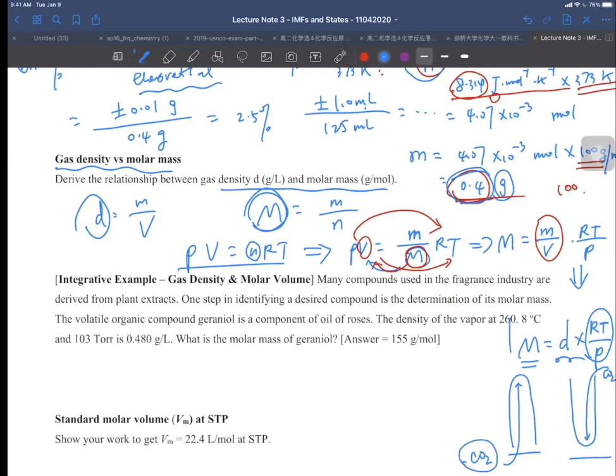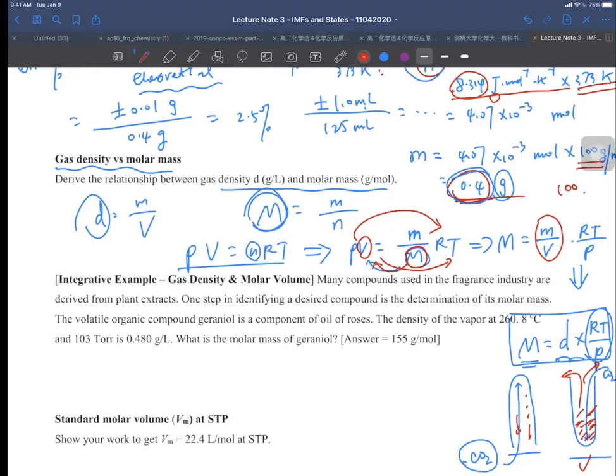Based on this equation, we can conclude carbon dioxide has a higher density, which means the right method is better because the carbon dioxide will prefer to sink to the bottom and squeeze the air out. If you do it this way, the carbon dioxide will sink, which means you will get some impure carbon dioxide, right?